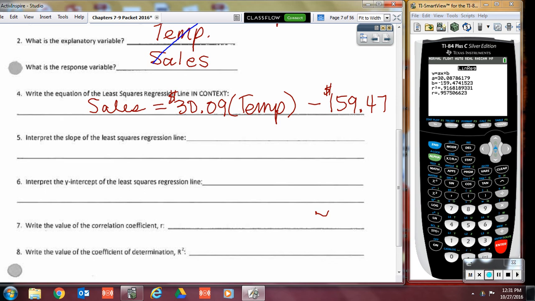Now, all of that so far is just everything straight from Algebra 1.